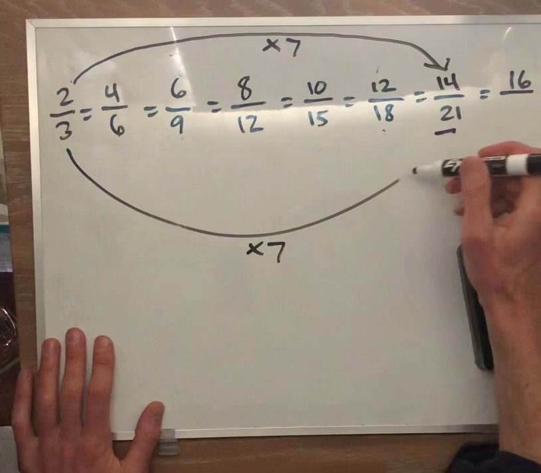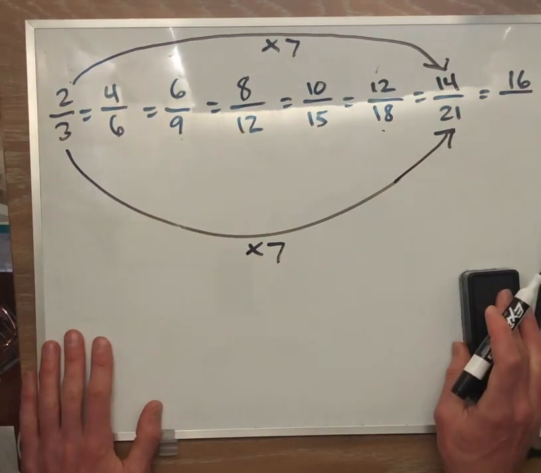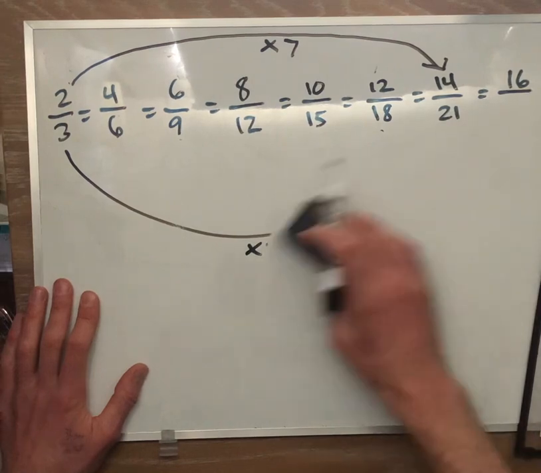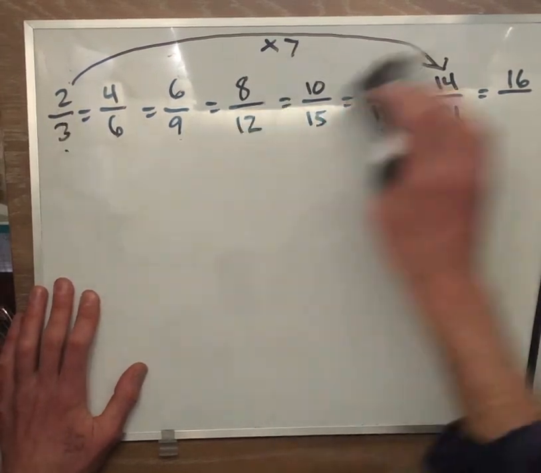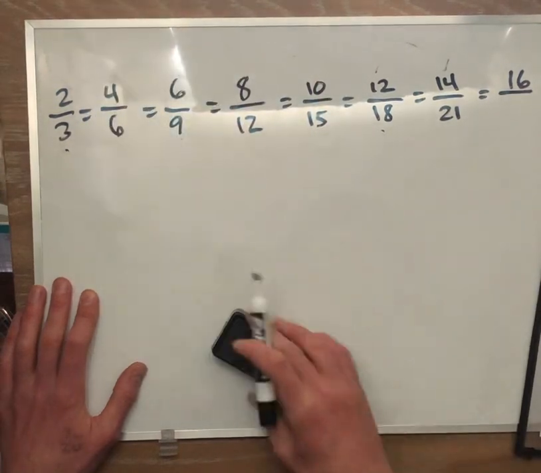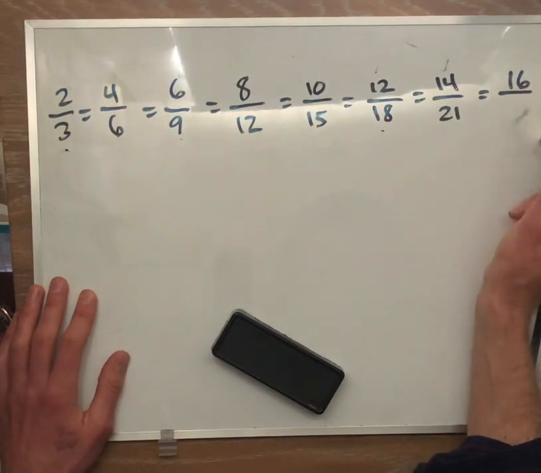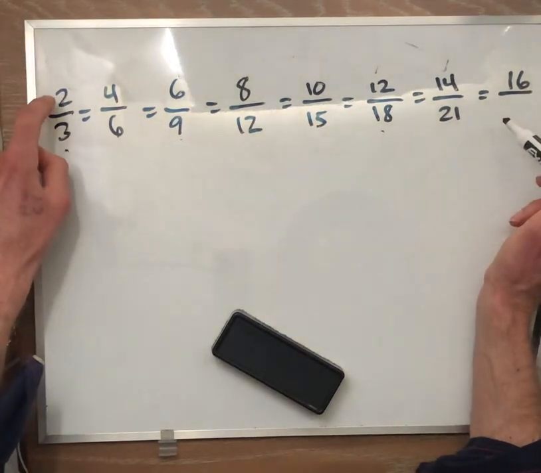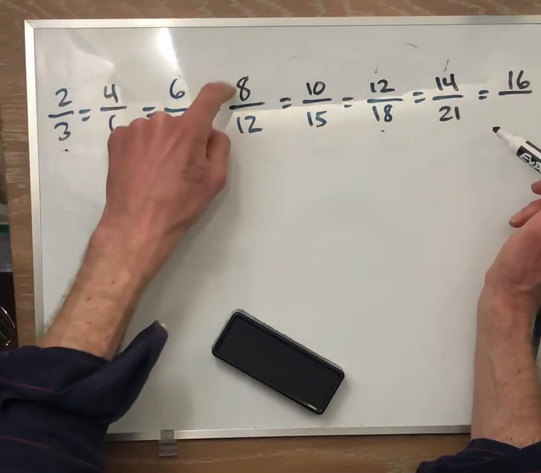And one more. Let's show you that for a second so you can see it. Last one, 16. How did we get that 16? Well, we could work from the 2, we could work from the 4, or the 8, your choice.